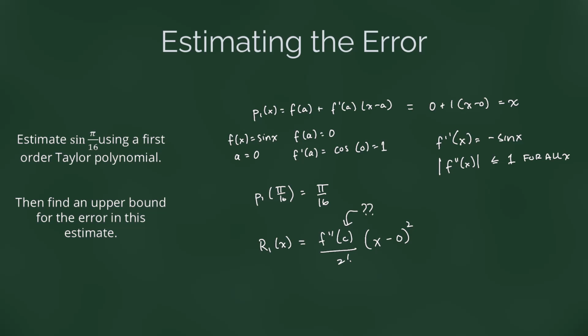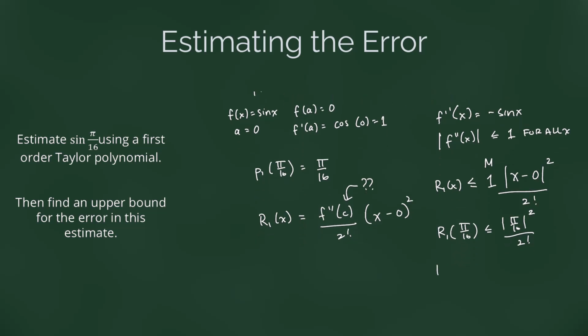That's the natural bound we have on the sine function. So this tells us then that r sub 1 of x must be less than or equal to 1, this is our m value, times the absolute value of x minus a, which is 0, raised to the second power, all divided by 2 factorial. So the error in our estimate of pi over 16 is less than or equal to the absolute value of pi over 16 squared divided by 2 factorial.